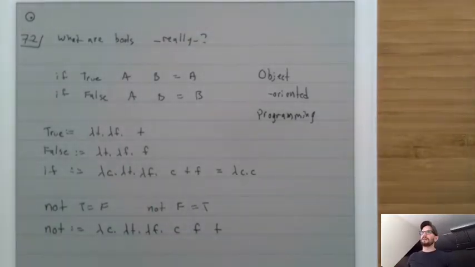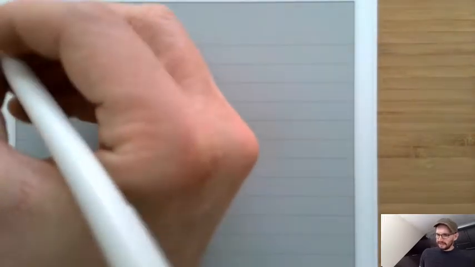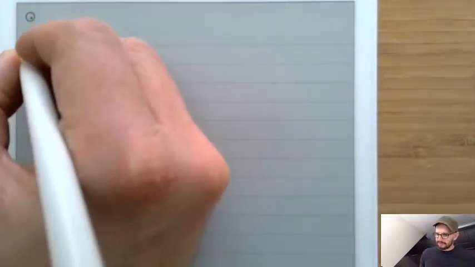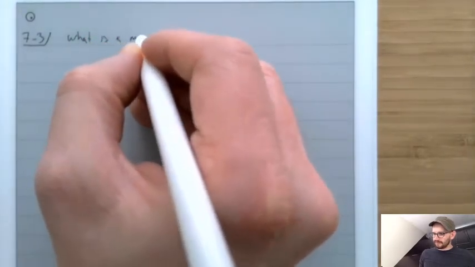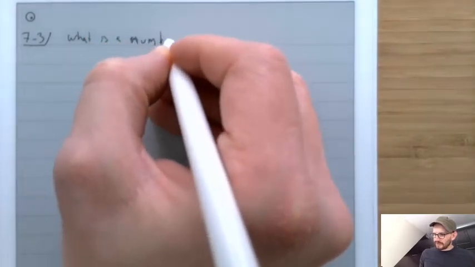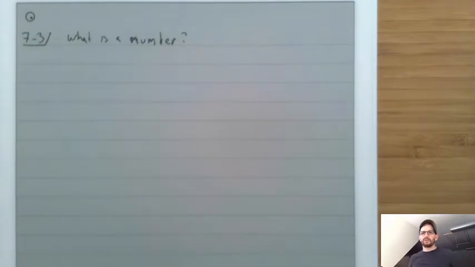All right, well, let's play the same game, but now let's play it with numbers. So what is the thing that a number is? In other words, how can we do an object-oriented encoding of a number?